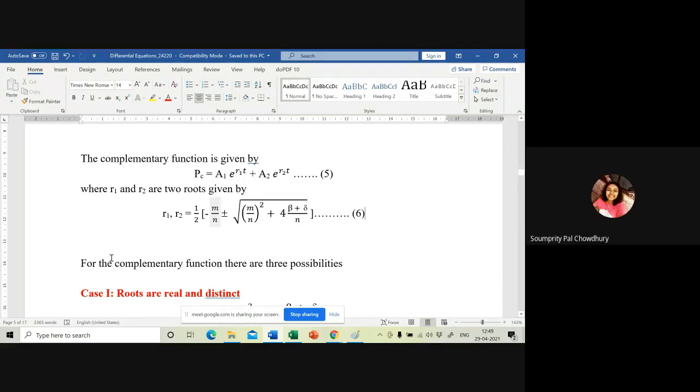If you complete or understand up to equation number 6, please concentrate on equation number 5. Better, first you write down the time path.